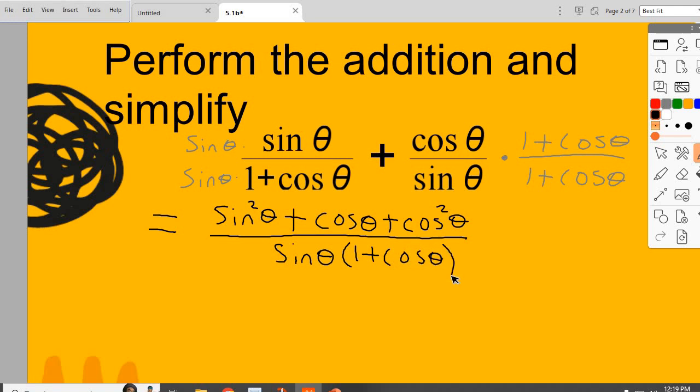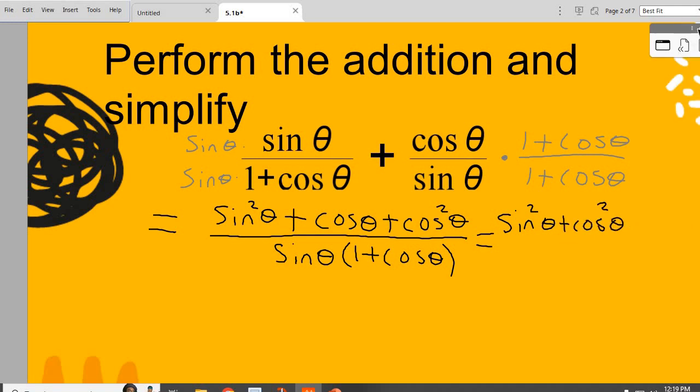Now, what do we notice next? Do we have anything that might be helpful in our numerator? Yeah, so notice that we can rewrite addition or subtraction really to be in whatever order we want.